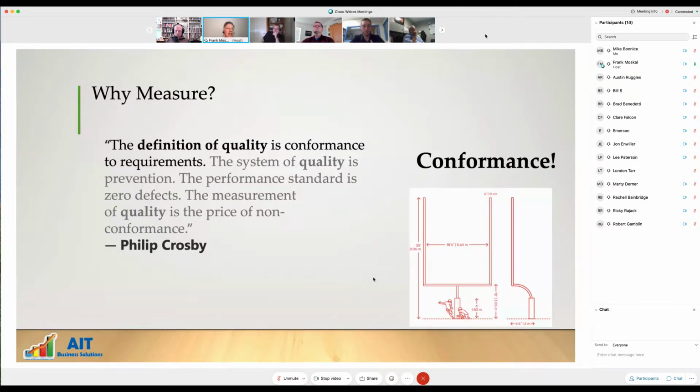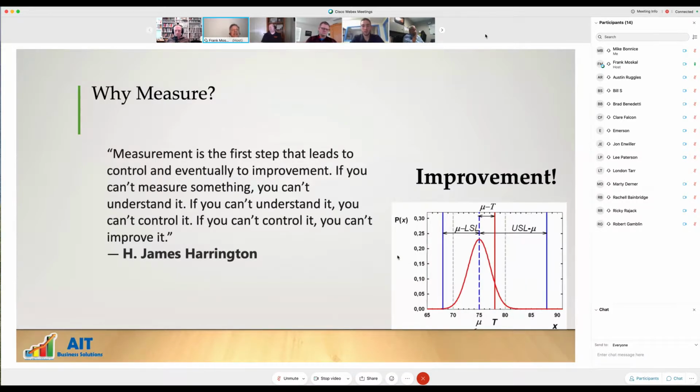We talk about the specs, and a lot of us have this discussion about the goalpost. We use goalpost mentality as one of the things we talk about early on in the green belt and black belt training. But the main thing is, can I make good decisions based on my product? Does it meet the customer specs or not? That's one classic reason for measuring. And then the second reason is improvement. Why am I measuring?